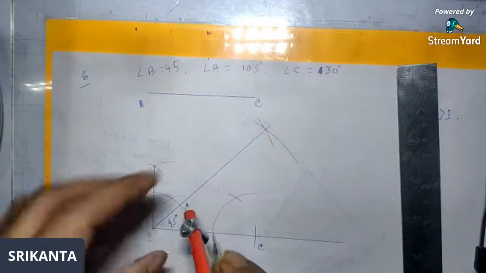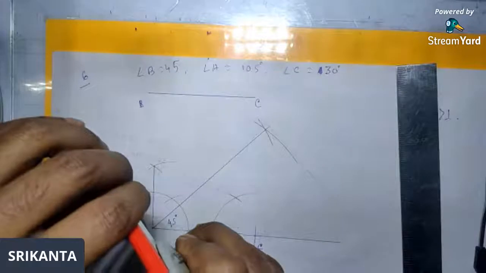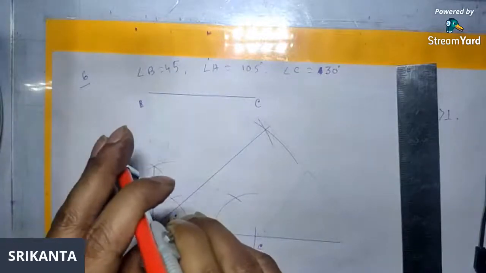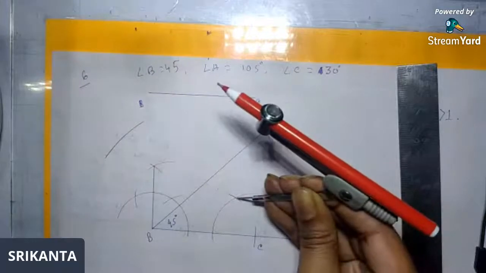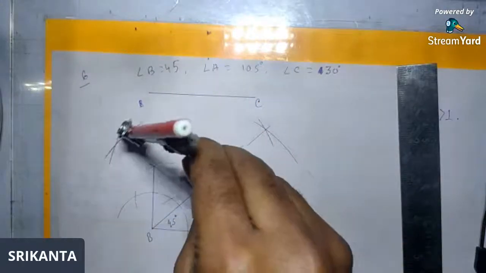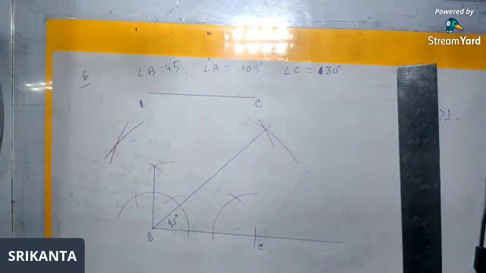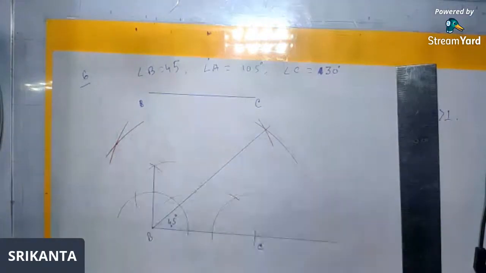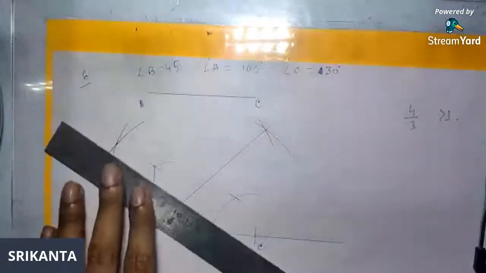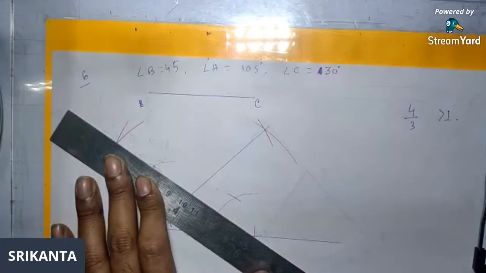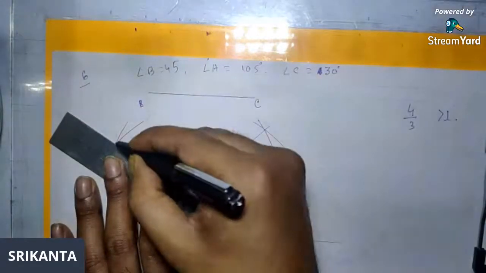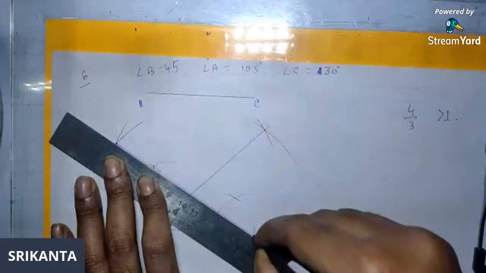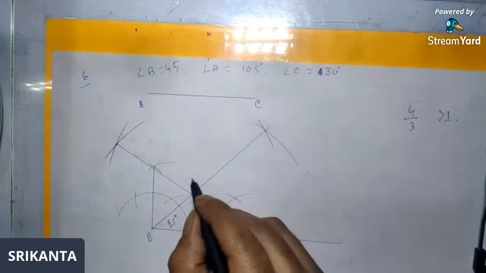Again, same thing. Put any arc, draw, put it here, cut it. So this becomes our 30 degree.